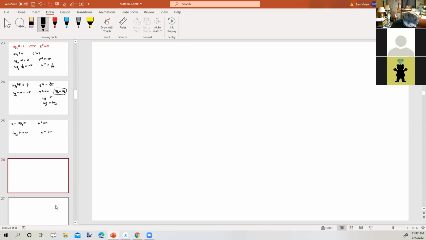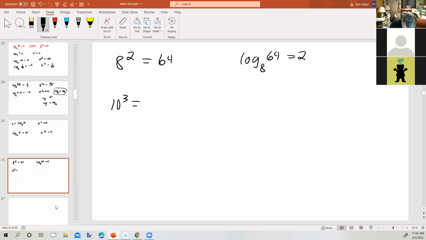Now we're going to go the other direction. We're going to take an exponential equation and convert it into logarithmic form, into a logarithmic equation. So 8 squared equals 64. 8 is the base. So log base 8 of 64 equals 2. 10 cubed equals 1,000. Log base 10 of 1,000 equals 3.